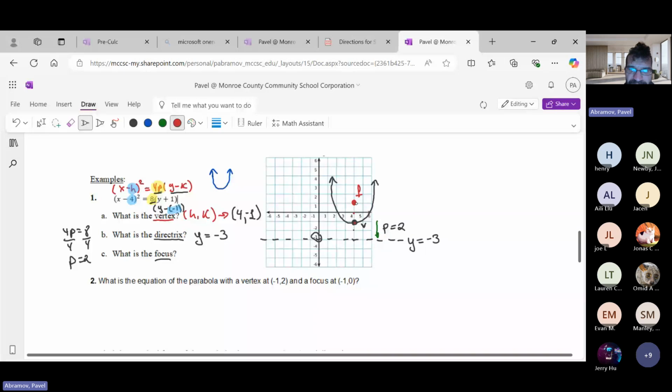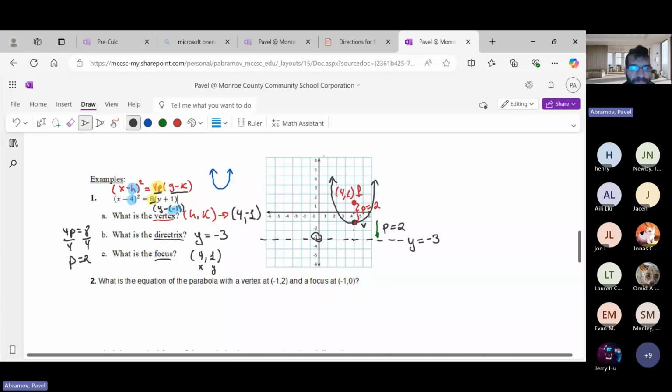So this point right here is the focus. This distance is p equals 2. But the focus is a point, it's not a line, therefore it will be described as an ordered pair. So in this case, it is 4, 1. So the focus is 4, 1. It's an x and y coordinate.